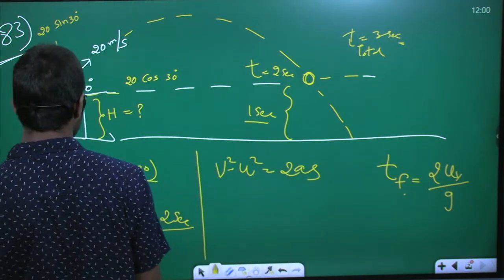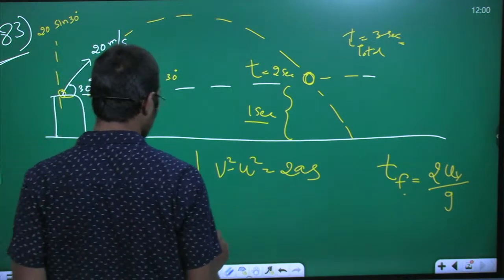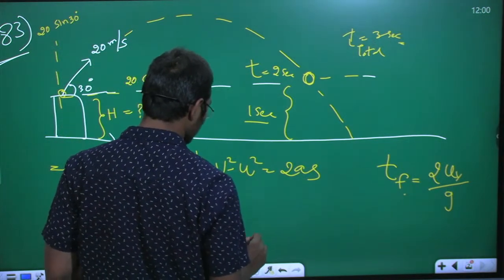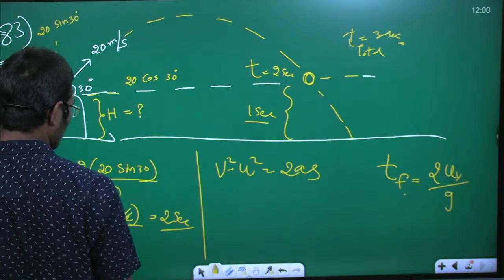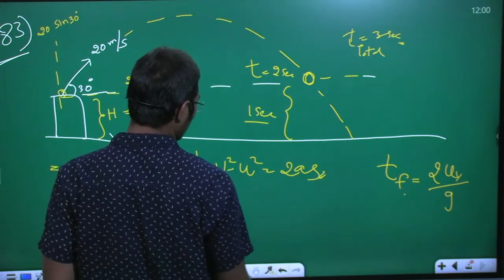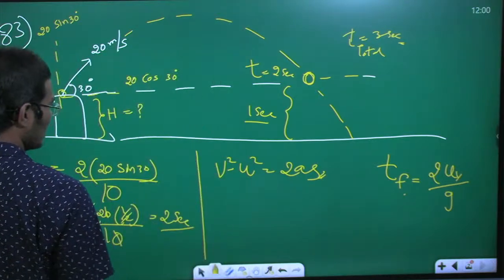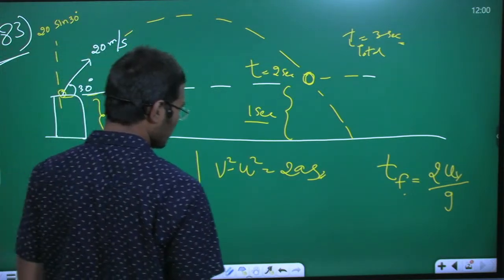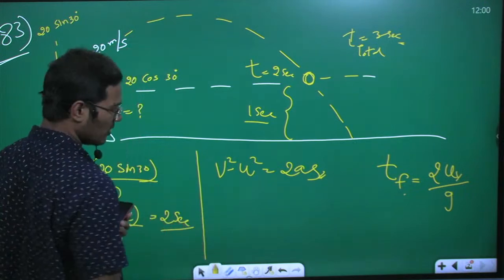So what else can we use so that we can find height h? So we need S, right? So in what all equations do we have S or height h?